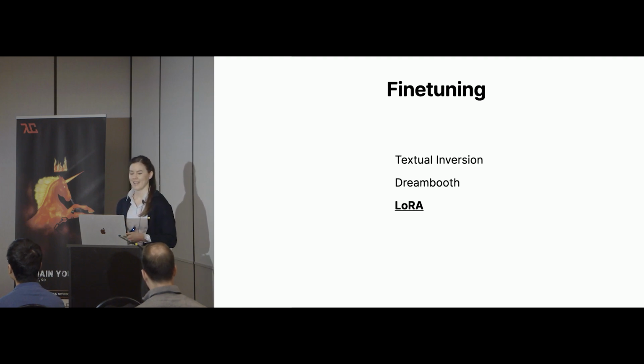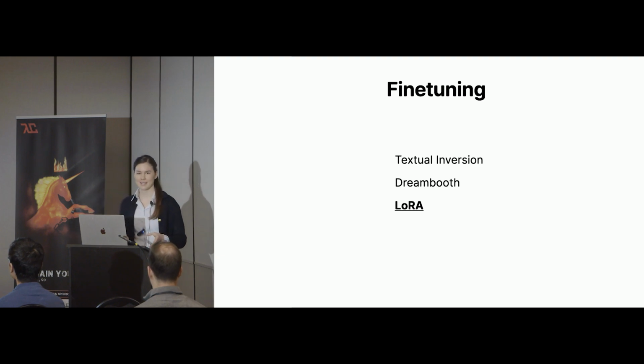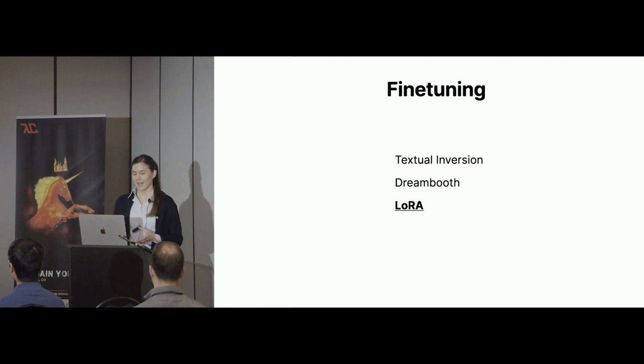painting style. And there are different ways to fine-tune a Stable Diffusion model or any large language model, because Stable Diffusion was originally a large language model, and it was just later discovered that it's perfect for generating pictures. The first option is textual inversion.